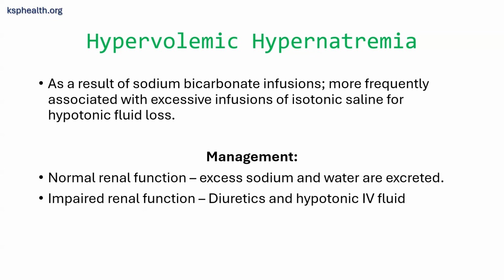They end up having hypervolemic hypernatremia. When the patient has normal renal function, it's not a big deal because excessive sodium and water are excreted. Kidney does a pretty good job. The problem comes when there is impaired renal function. When there is impaired renal function, you need to aid with diuretics and hypotonic fluids.